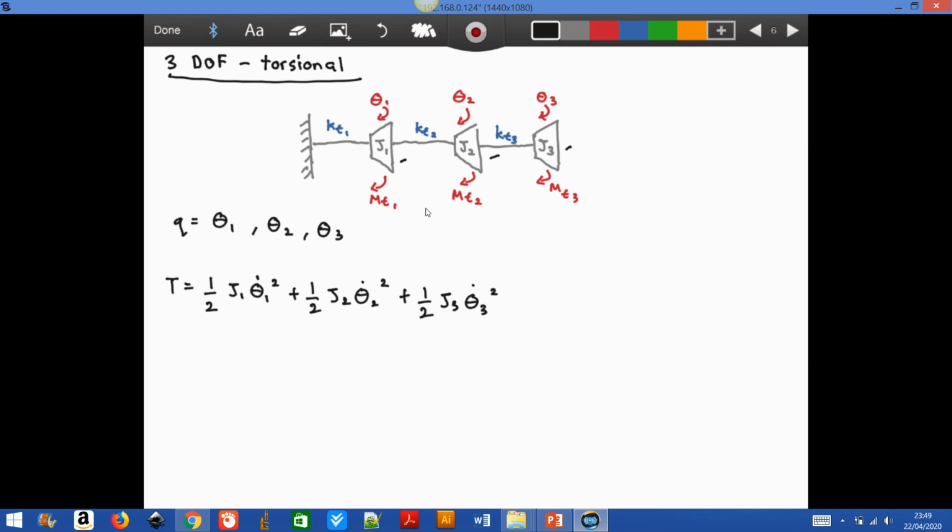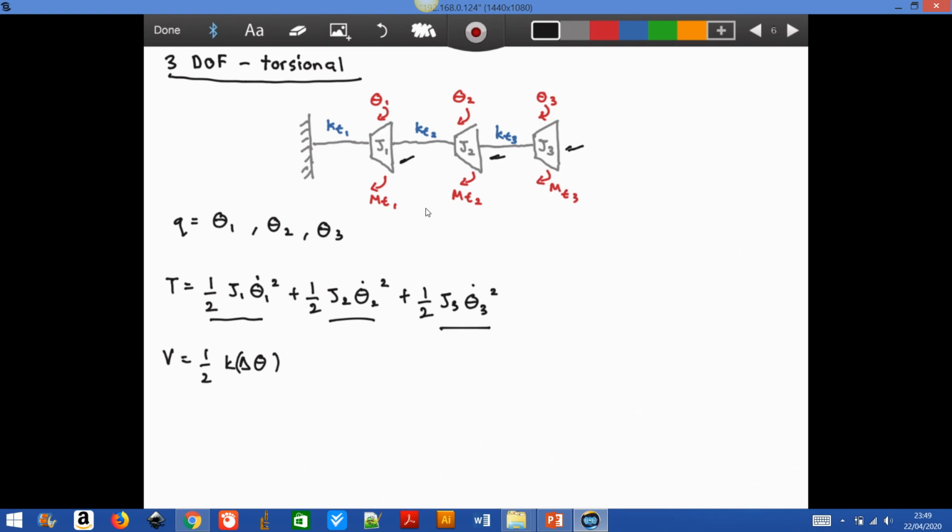Because we've got three second mass moments of inertia, J1, J2, and J3, we have three terms here.